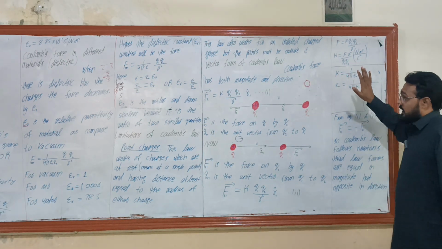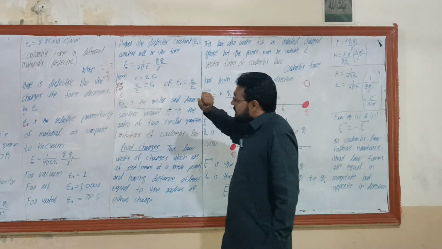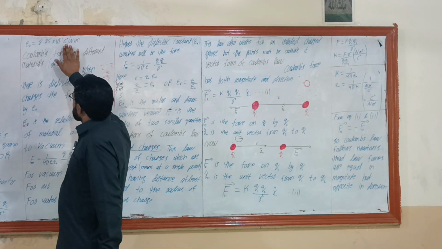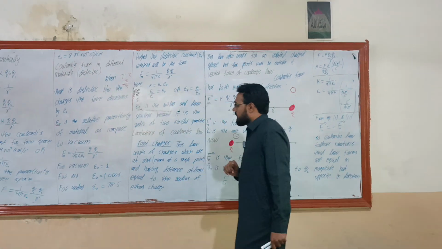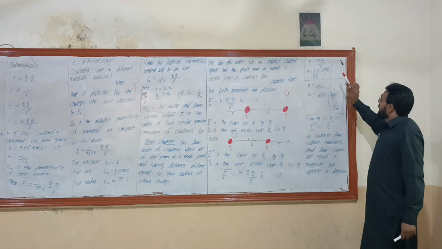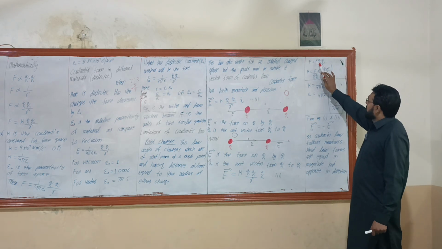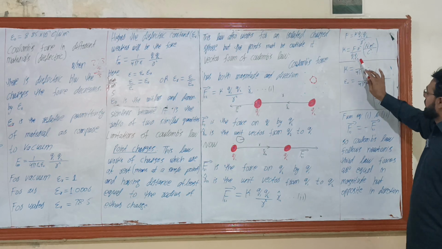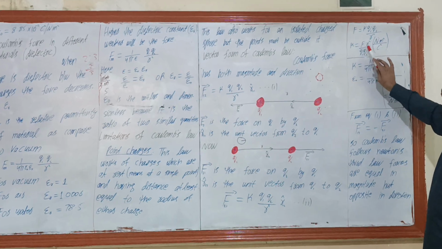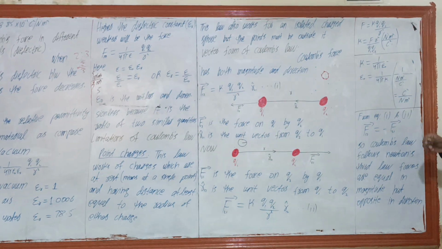Now here I am explaining the units: Coulomb square per Newton meter square, and Newton meter square per Coulomb square. By finding the value, r square will be multiplied with the force, Q1 Q2 will be divided, and the value of K is F r square over Q1 Q2.